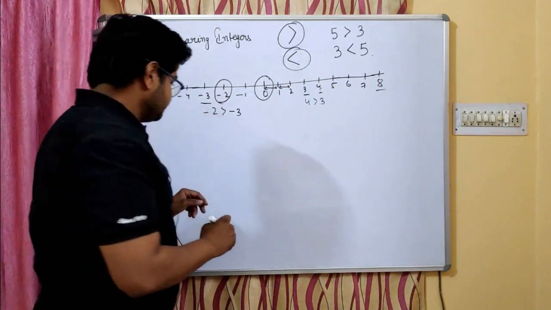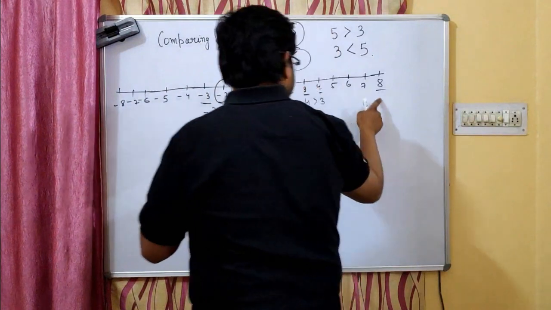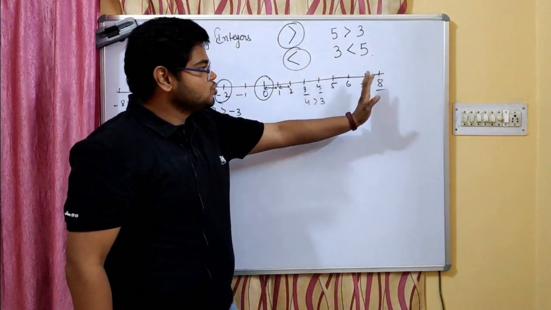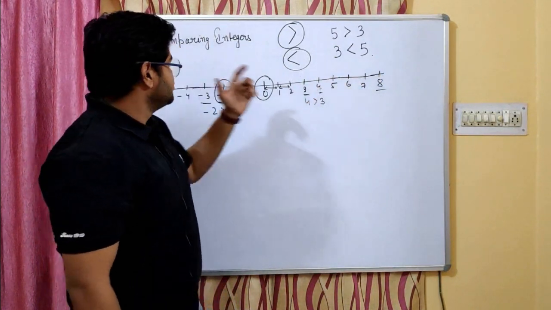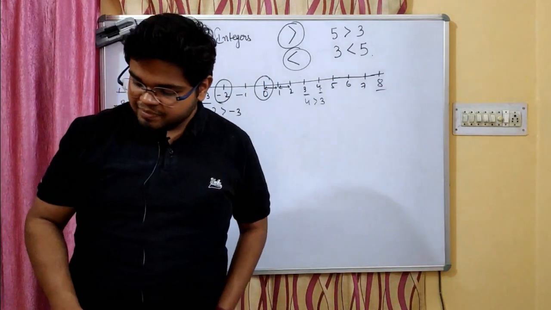So children, -8 here, +8 here. The greater the number towards the right, the opposite of the number will be towards the left side, children.